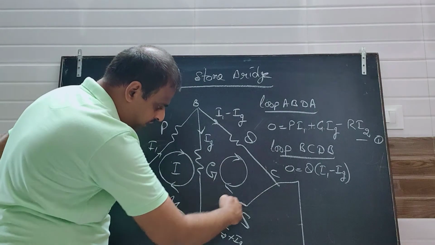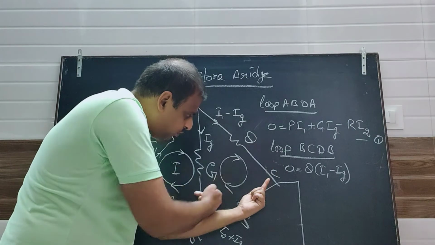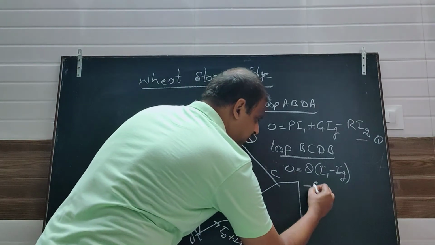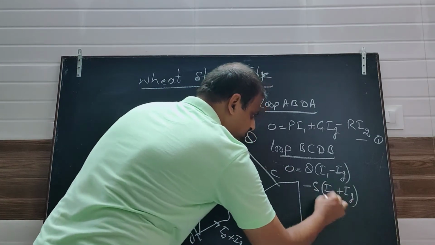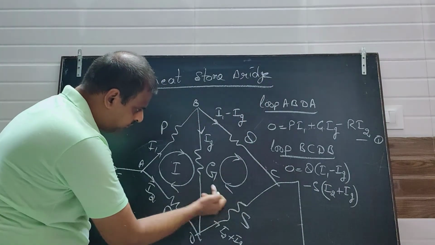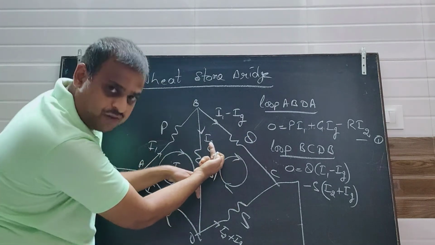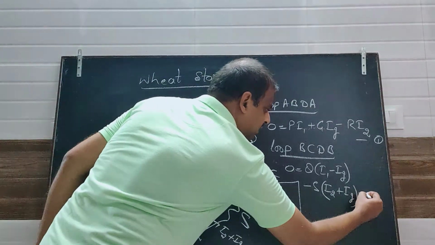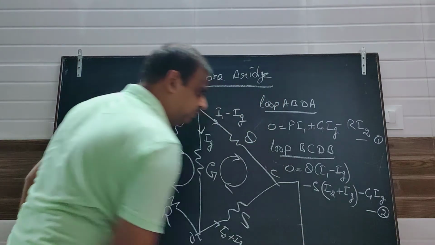Here the current is moving in this direction and the loop is moving in this direction, so this is negative. So minus S into I2 plus Ig. The loop is moving in the upward direction and the current is in the downward direction, so this is minus G Ig. This is equation number 2.